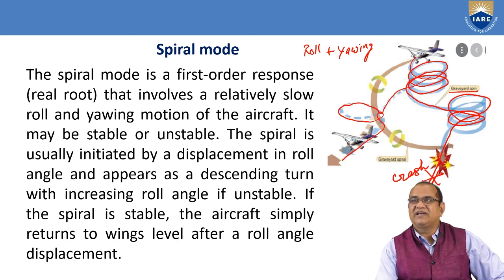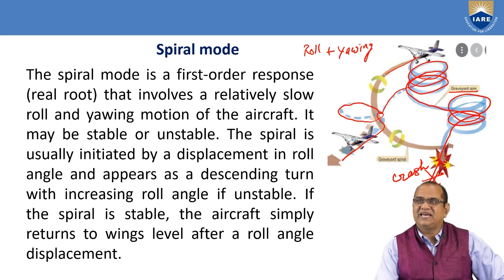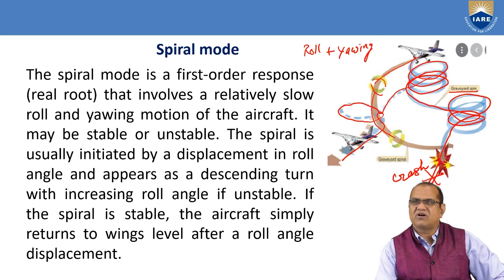But see another case: here you have come and you are rolling, a very smooth rolling, and here again you are not able to control, again it will go for a graveyard, and here again a crash will be there.